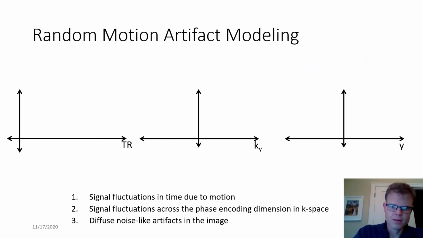Now the case of the random signal modeling, I'm going to start with the same situation. And this is a type of what's called point spread function analysis, when we're just looking at the response from a delta function.